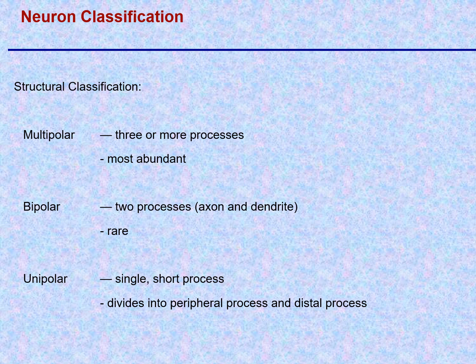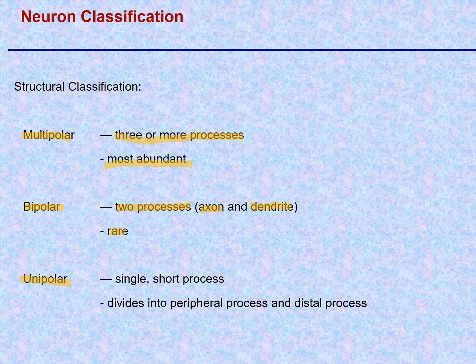When we look at the structural classification system, you have three types: multipolar, bipolar, and unipolar neurons. Multipolar have 3 or more processes, quite abundant. Bipolar have 2 processes, an axon and a dendrite, and these are fairly rare.